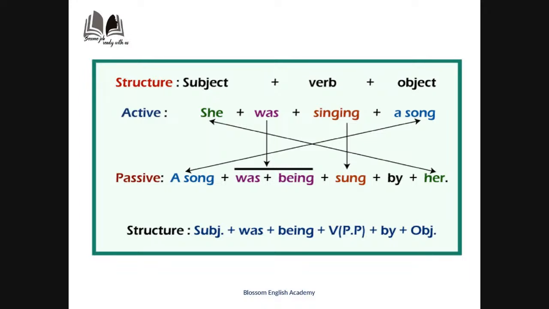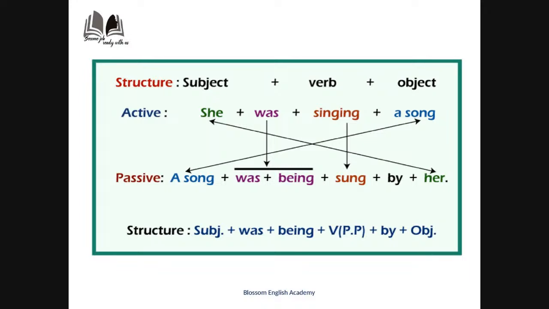Here you can see that the tense is past continuous, was singing. When you convert it into passive voice, the tense should always remain the same. So was plus being, because you cannot write the verb in continuous form over here. In passive voice, your verb would always be in V3 form, which is your past participle form.